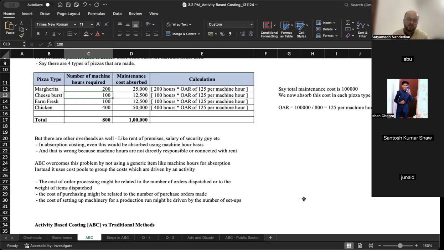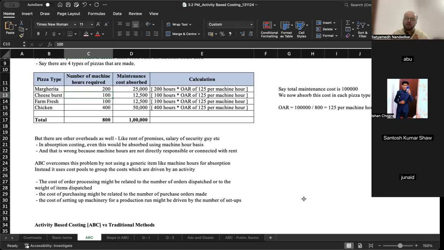For example, if I am talking about the delivery cost, delivery cost is the petrol charges you have to pay plus the amount that you have to pay to runner guys. Maintenance cost could also include the amount of repair and maintenance work done, the oiling that has to be done, the opportunity cost sometimes that you will have to consider because the machine was stopped for that particular duration. All of these will depend upon the number of times maintenance was done.